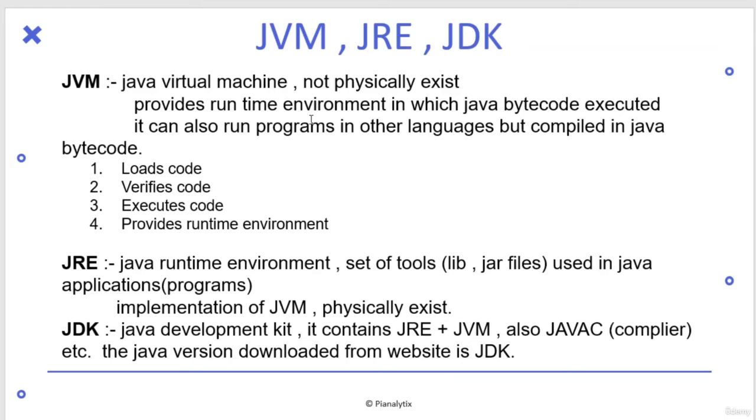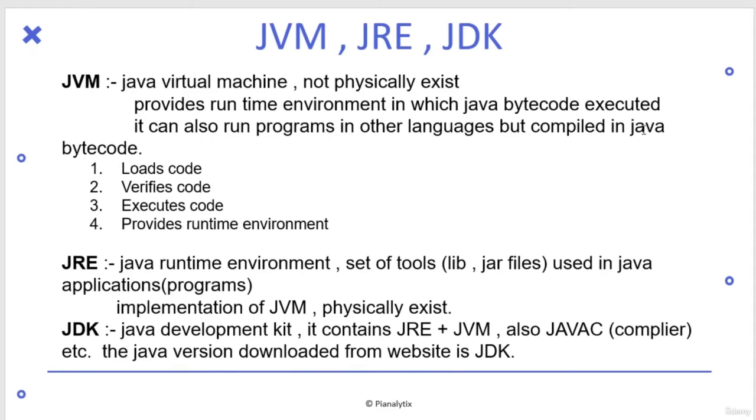It provides the implementation of the JVM. The JDK is the Java Development Kit. It contains the JRE, JVM, Java compiler, different Java versions, and all the related files.